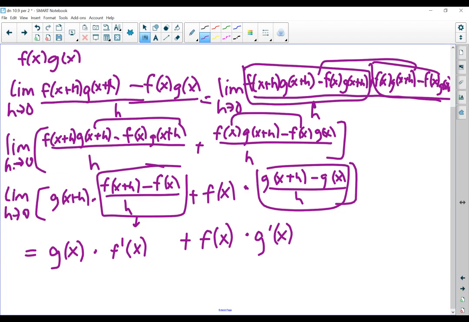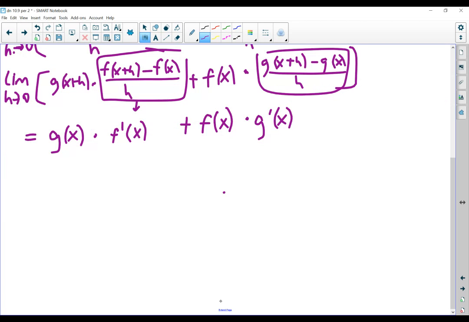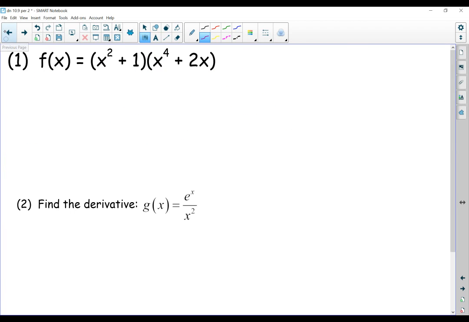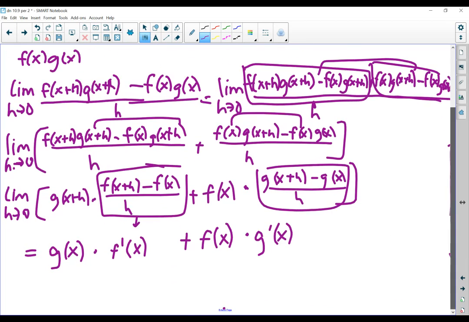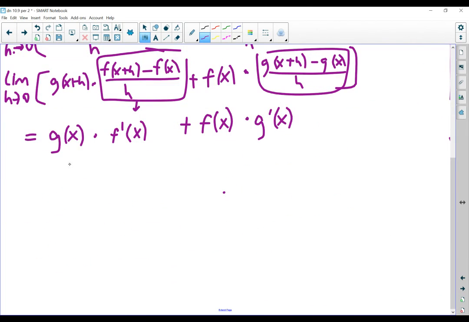Welcome, my darlings, to the product rule. So let's summarize this. So if I have the derivative, now I am adding here, so adding the order doesn't matter.